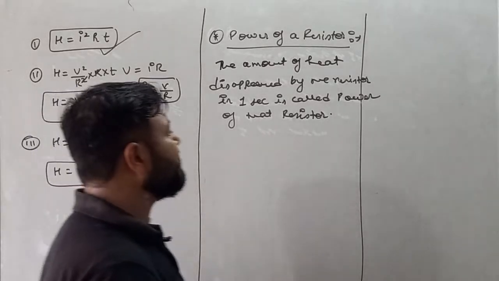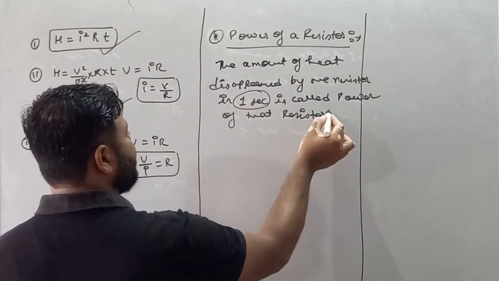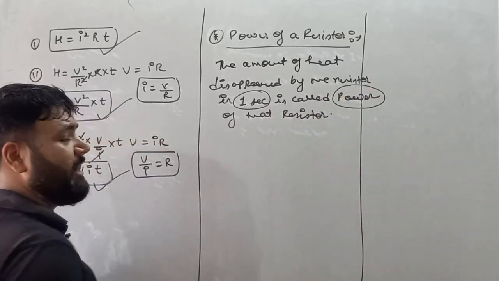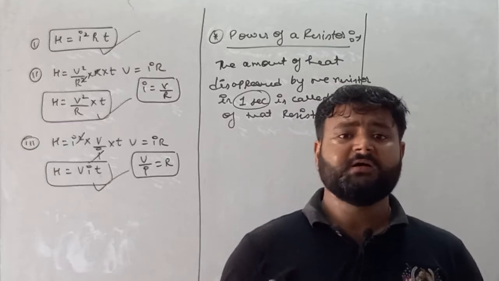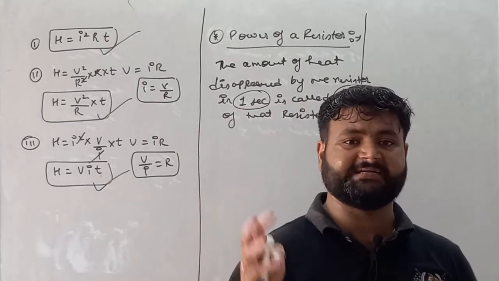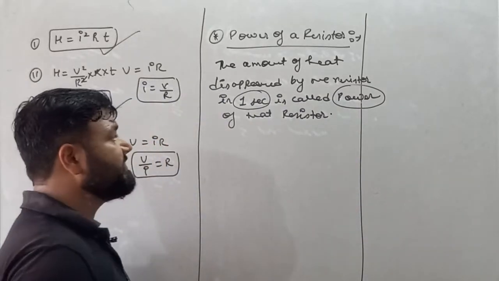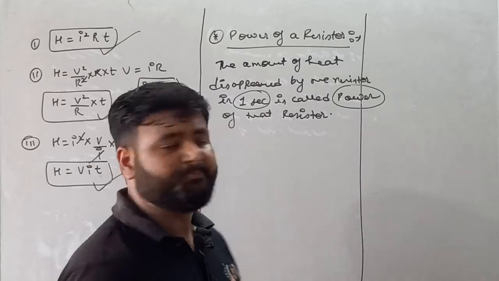Remember, the amount of heat dissipated by a resistor in 1 second is called its power, my dear student. As we know, a resistor dissipates heat. Dissipate means waste the heat. So the amount of heat dissipated by the resistor in 1 second is called its power.